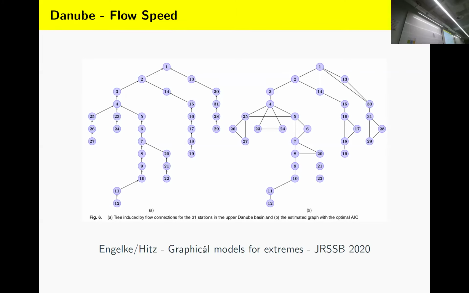You're right to say this is only a model for the extremes, where you have a conditional independence structure in a certain sense, but it's not the same as that.